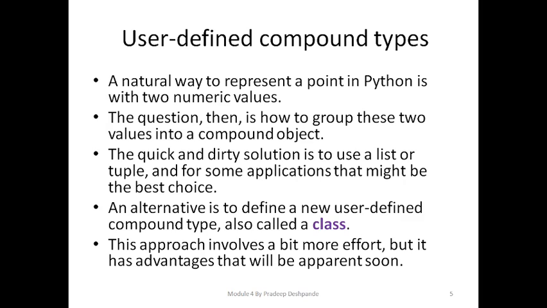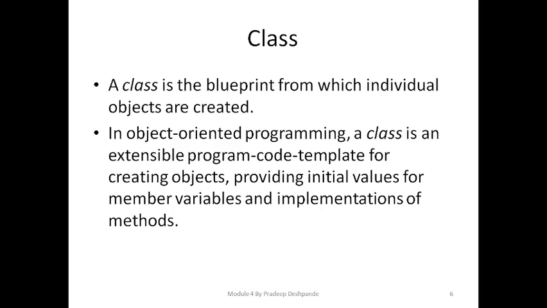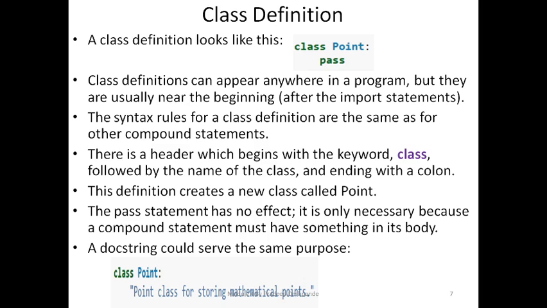For some applications a better choice is a class. So what is a class? It is the blueprint from which individual objects are created. In object-oriented programming, a class is an extensible program code template for creating objects, providing initial values for member variables and implementations of methods. That is a simple definition.